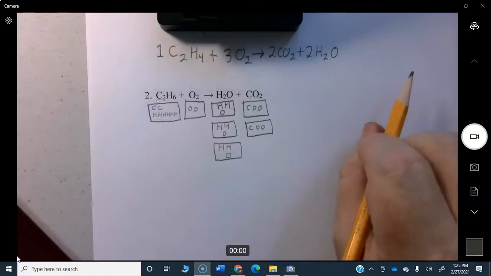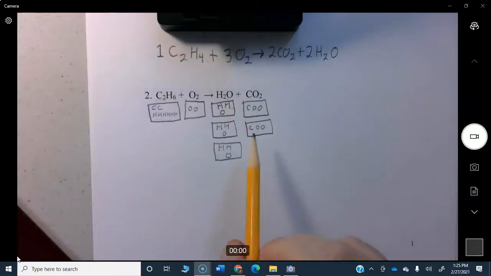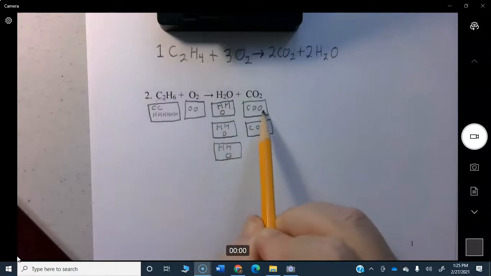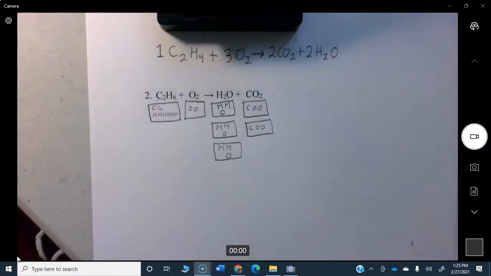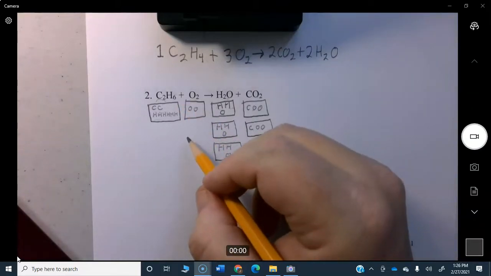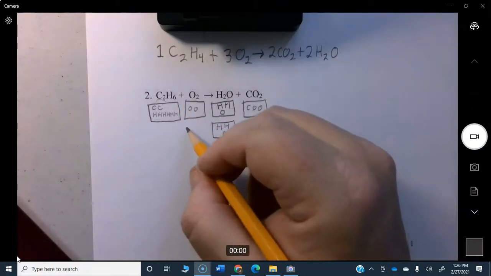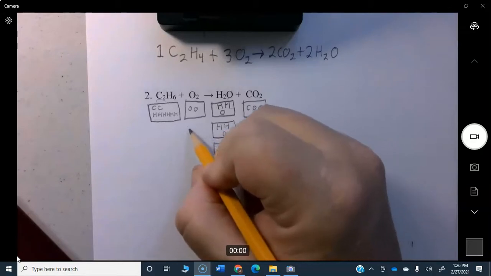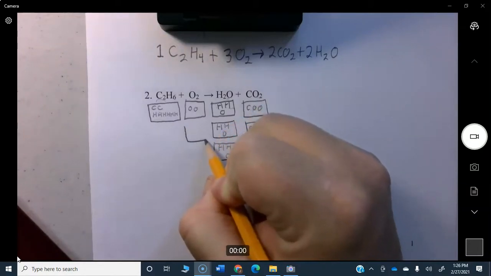Now we just need to count our oxygen. And we have 1, 2, 3, 4, 5, 6, 7. Okay, think about that. We need to have 7 here. So I'm going to draw a box like this.